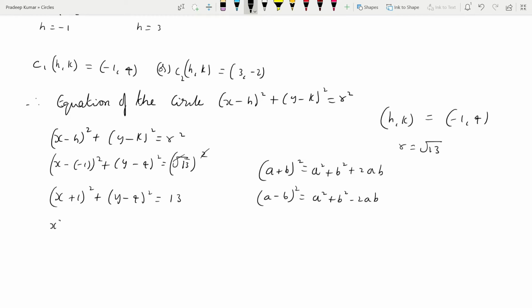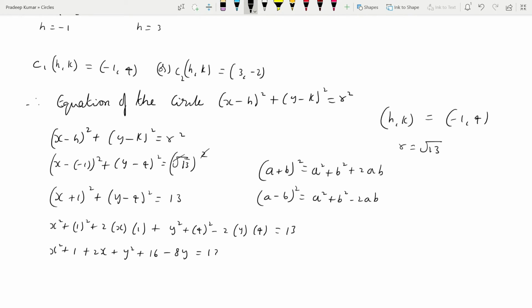So I can write this as x square plus 1 square plus 2 into x into 1, and this also I'll write y square plus 4 square minus 2 into y into 4 equal to 13. So let's do this. I can write this as x square plus 1 plus 2x plus y square plus 4 square, in the sense it was 16. If we just write, this is 2 into 4, which is 8y equal to 13.